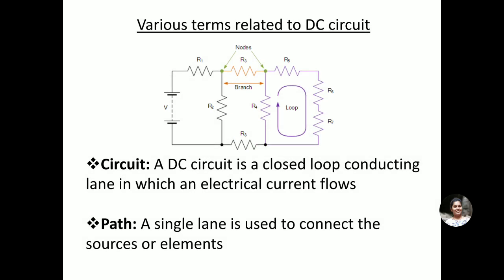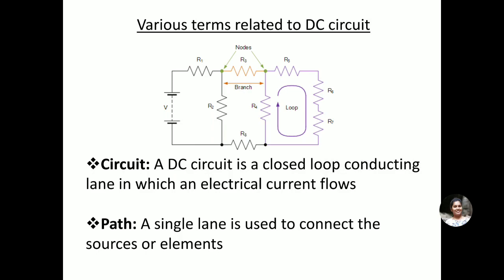Next is the branch. A branch is a single or group of components such as resistors or sources which are connected between two nodes. So what is meant by branch? Branch is nothing but a single group of components. On the left hand side we can see the resistors R6 and R7.